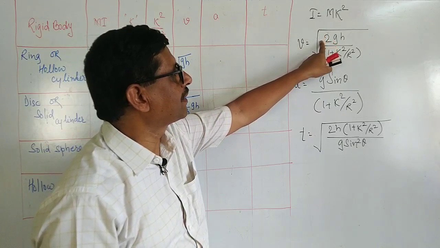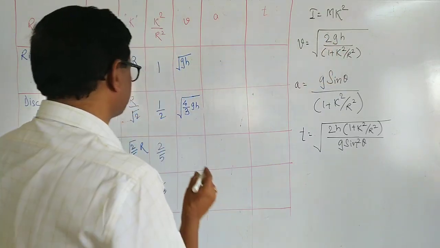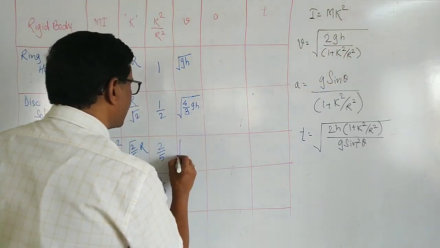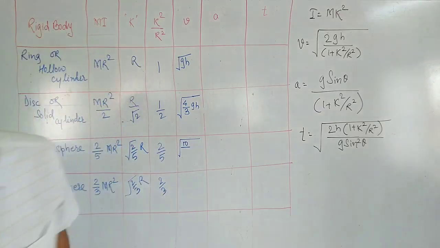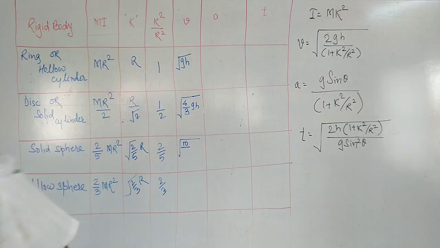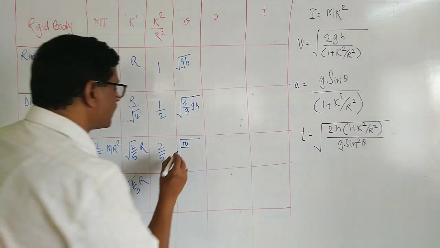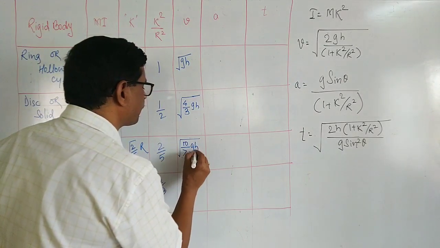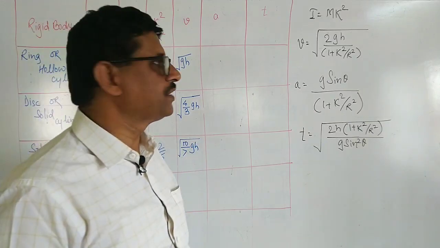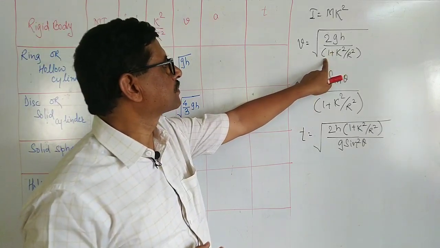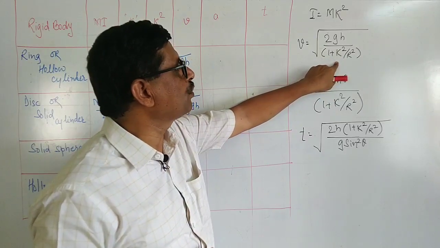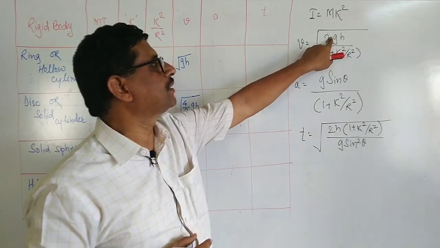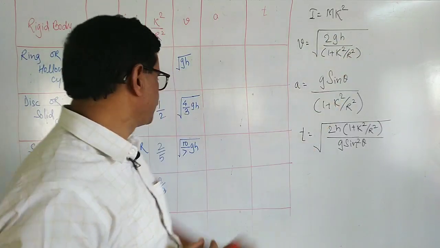It will be 10, 10 gh by 7. It is √(10/7 gh). 5 plus 2, 7 divided by 2, 2 goes in the numerator. It is 10/7 gh.